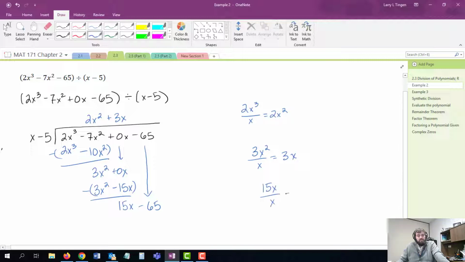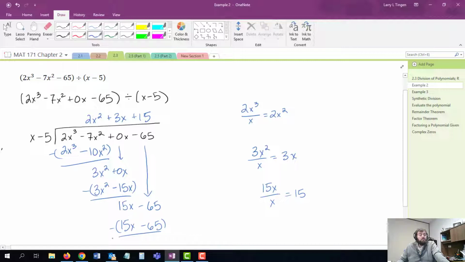15x divided by x is 15. 15 times x is 15x. 15 times negative 5 is negative 75. Subtract. 15x minus 15x is 0.